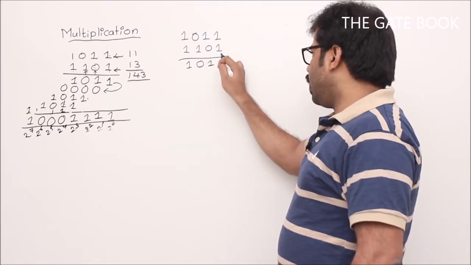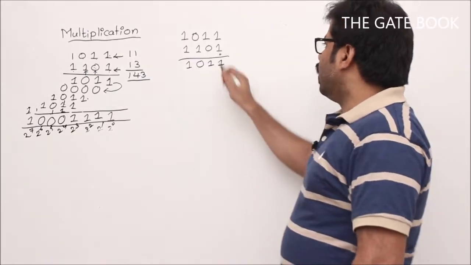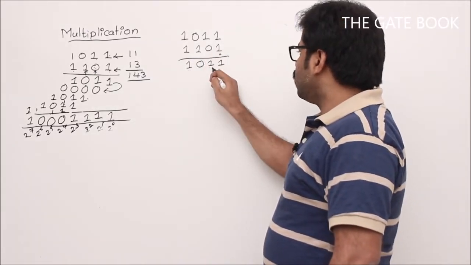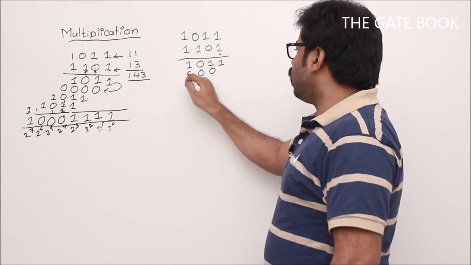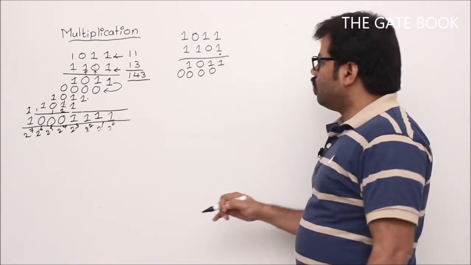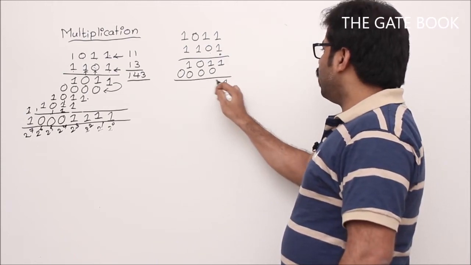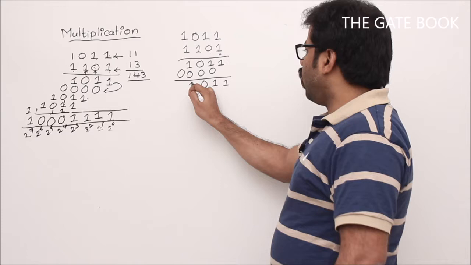From now onwards, whenever a multiplier bit is 1, the multiplicand should be written. Next, 0 1 0, 0 1 0, 0 1. Whenever this bit is 0, everything will be 0. Now immediately do the partial sum. You get 1, 1, 0, 1, 0.